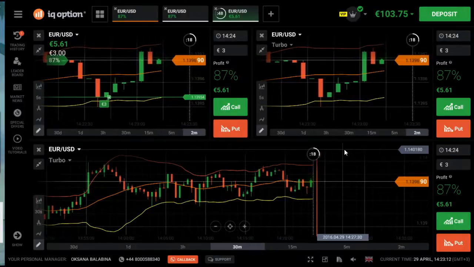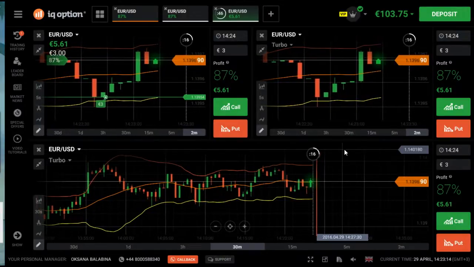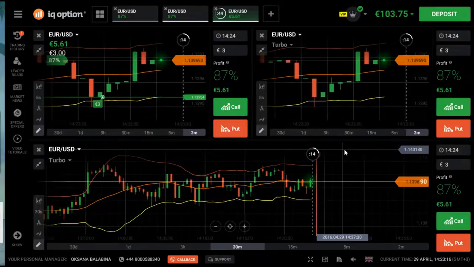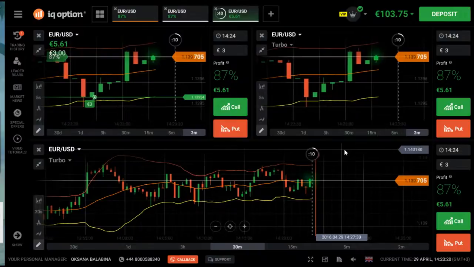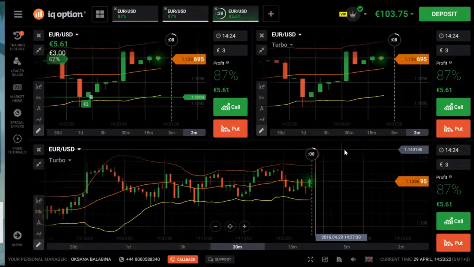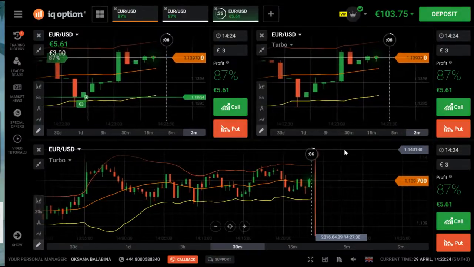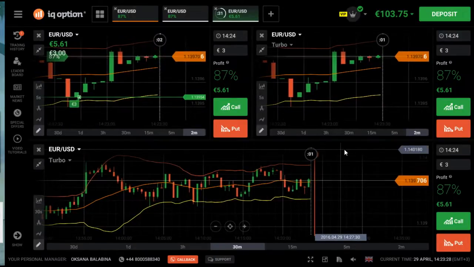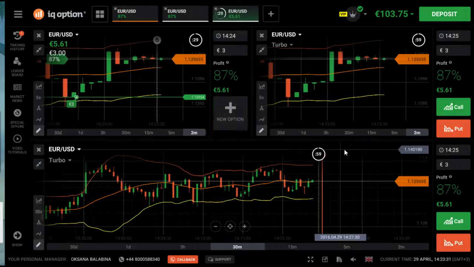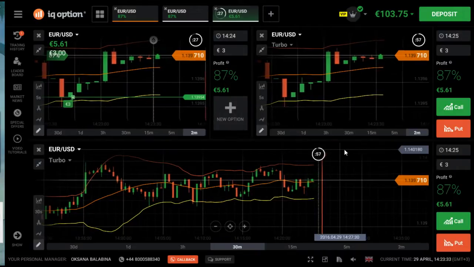Now it already reached the top Bollinger Band. I can either sandwich the position from top and bottom, or I'm going to wait until the deadline is over, then follow it up on the second window.